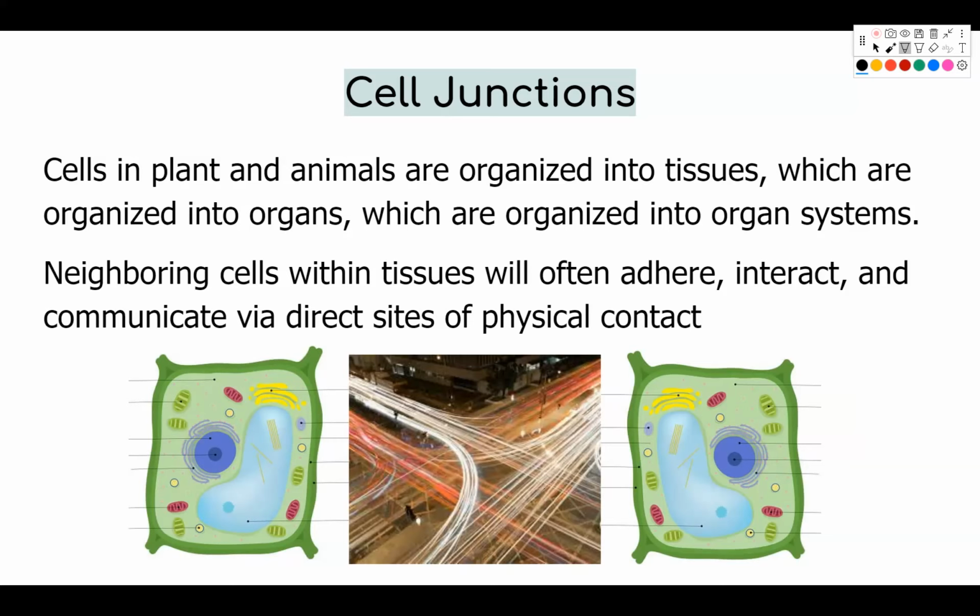And we could look at the specific cells that make up those organs, like our digestive tract cells. One of the reasons these cells have the ability to organize like that is because of cell junctions, how cells adhere, interact, and communicate with one another.